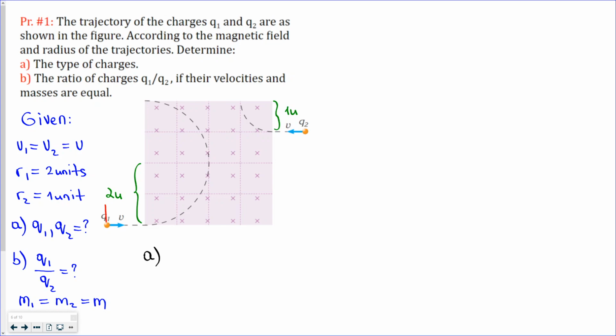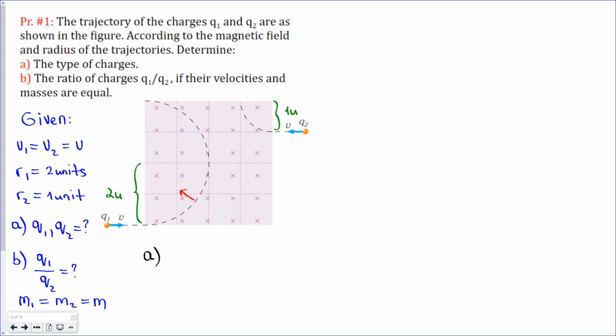So from the right-hand rule, the force is here. At every part of the motion, the force is to the center. It's to the center.